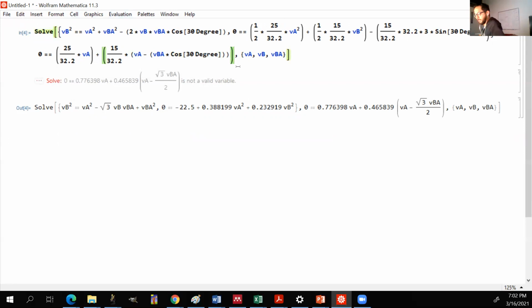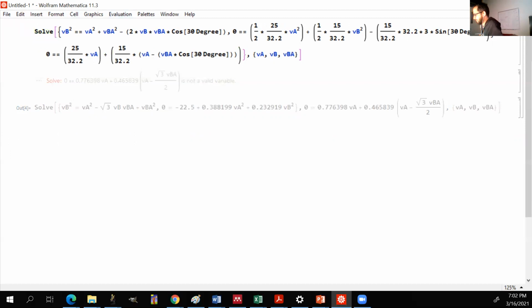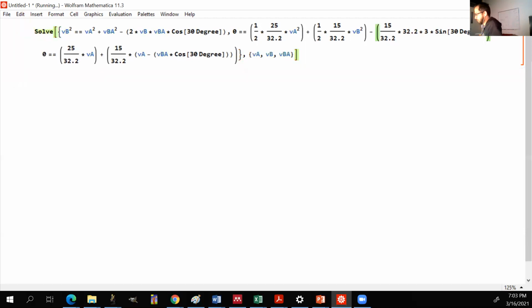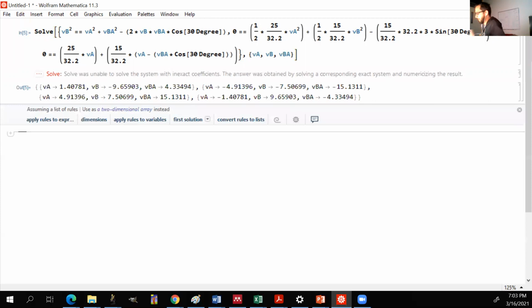Oh, because I'm missing a curly bracket here. I thought I just solved that. Oh, because I put one here. There we go. All right, that worked. Awesome.